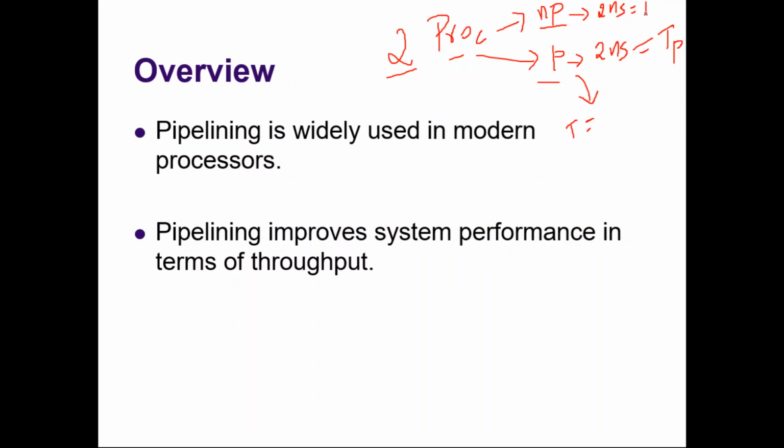Let us say the throughput of the pipeline system is TP, and the throughput of the non-pipeline system is TNP. The throughput of the pipeline system will be greater than the throughput of the non-pipeline system. That is, the number of instructions executed per unit time in the pipeline processor will be greater than in the non-pipeline processor.